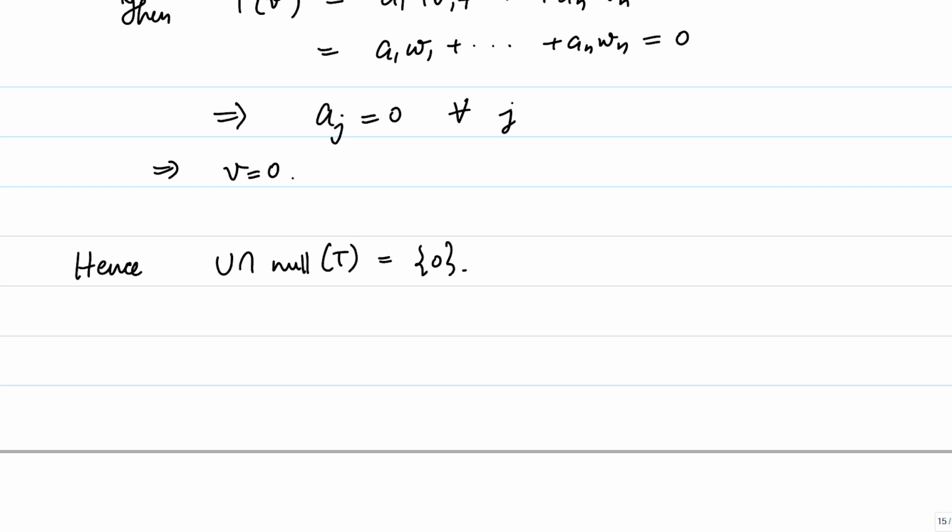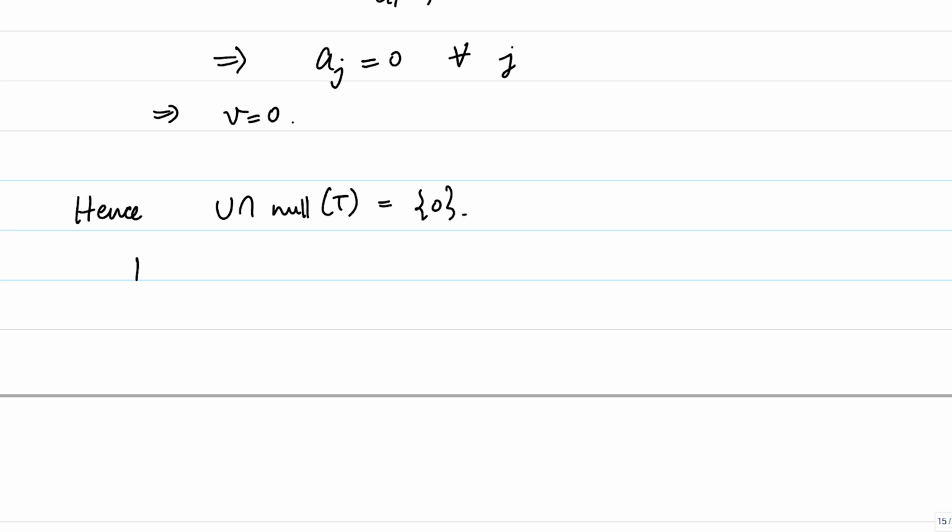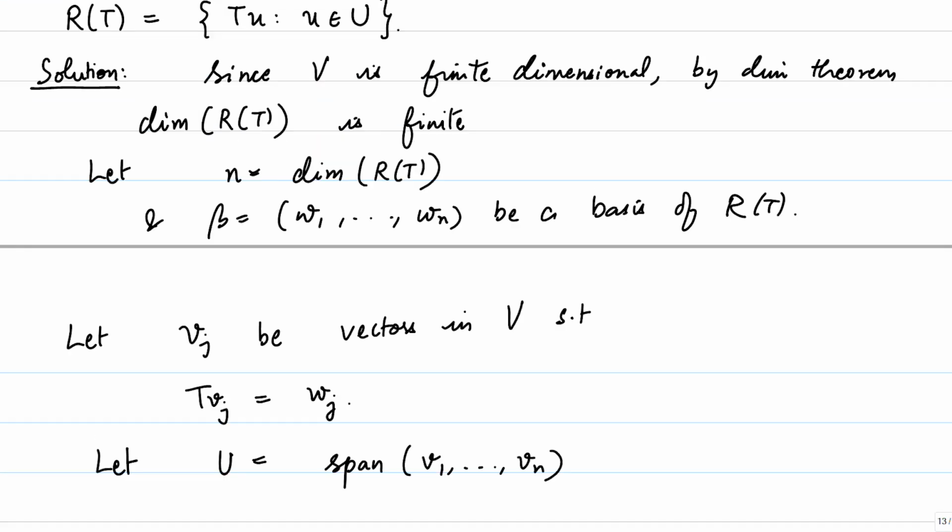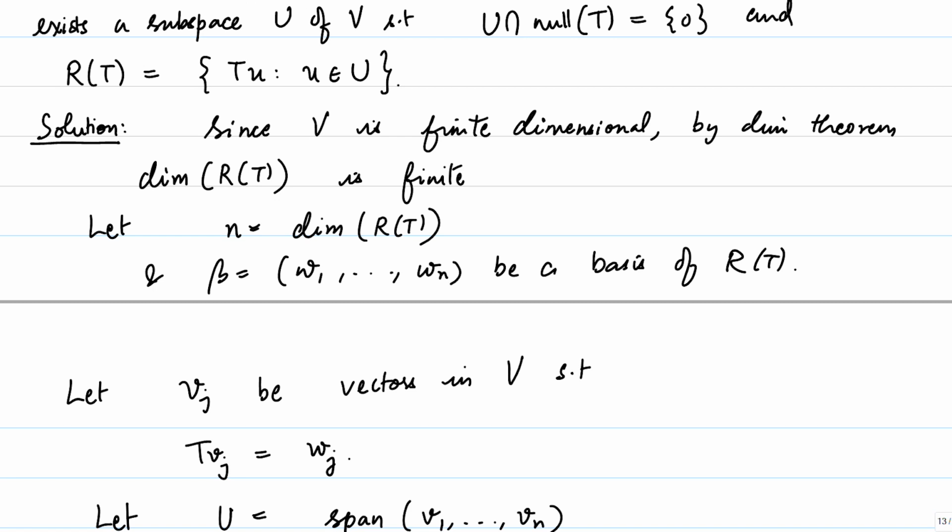And what else is left to be seen? The second part was to show that R of T is exactly Tu for u in capital U. I'm just underlining that in green right now. This is what we are going to prove.